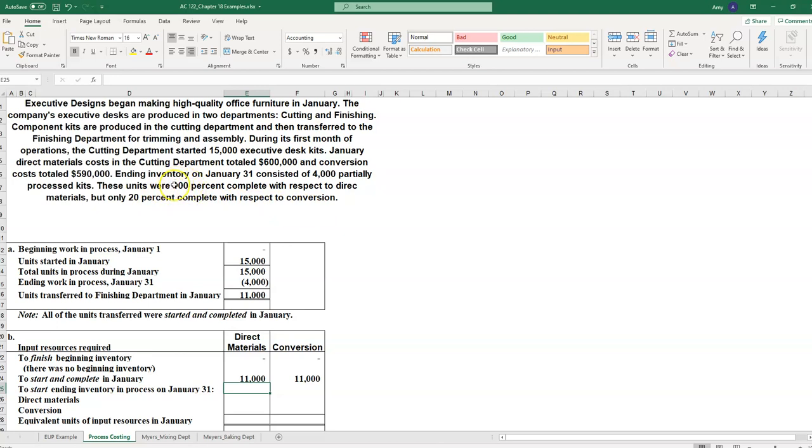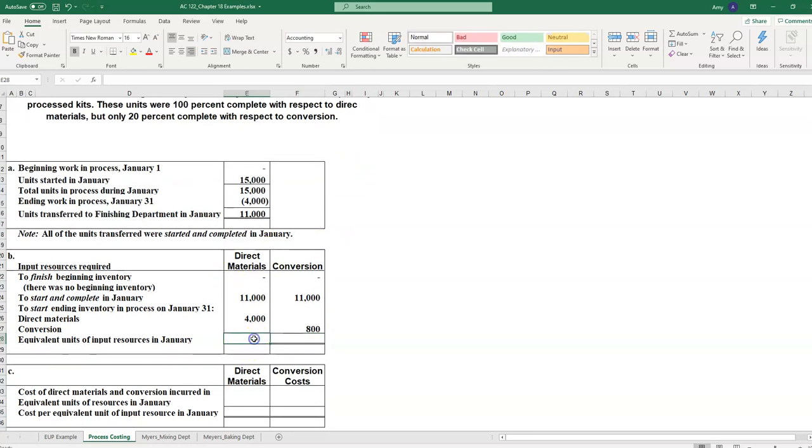So if they're 100% complete, we would take that 4,000 times 100% for our direct materials. So our direct materials equivalent units are 4,000. For conversion, we are 20% complete. So we take 4,000 times 20%. We add those together, and our equivalent units for direct materials are 15,000, and the equivalent units for conversion are 11,800.